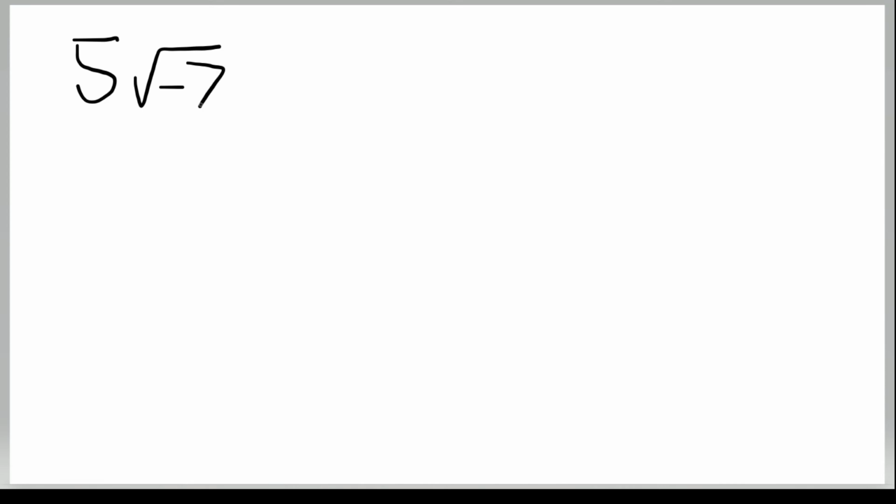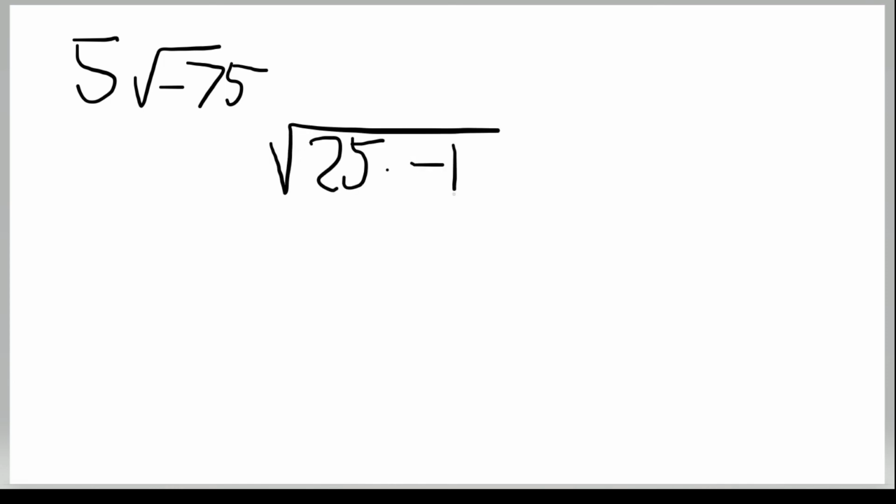Now, let's do this a final time, but with an even more difficult number, like 5 times the square root of -75. Now, this is an even harder number because there's no square root of 75. So, we have to break it down into 25 times -1 times 3.